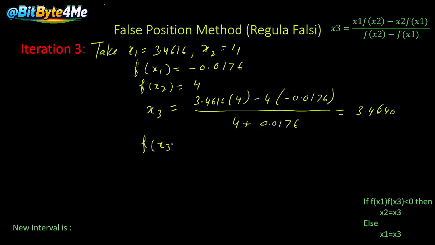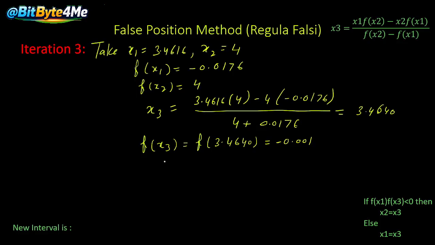If we calculate f of x3, that is f of 3.4640, it will be equal to minus 0.001, and this value is negative.